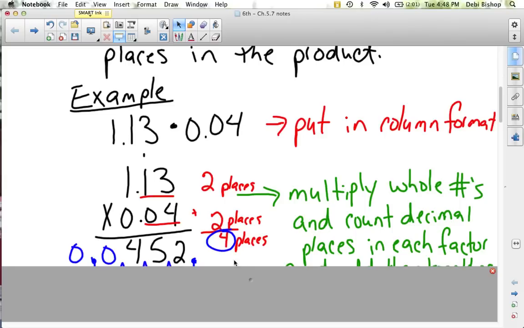And you count up. For 1 and 13/100, you can see that there are 2 decimal places, and 4/100 you have 2 decimal places. You add up those, 2 plus 2 would be a total of 4 decimal places. Then you multiply 113 times 4 and you get 452.